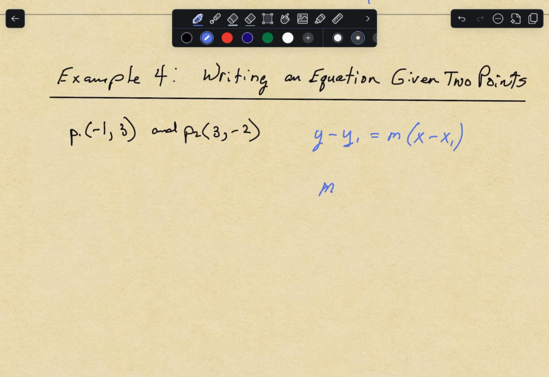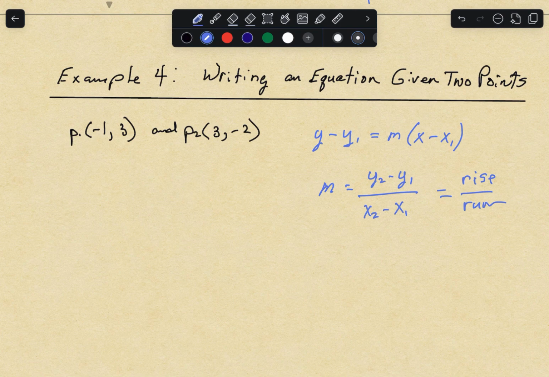We know the slope equals y sub 2 minus y sub 1, which is rise over run. Remember, that's the rise. And then we have x sub 2 minus x sub 1, which is the run.